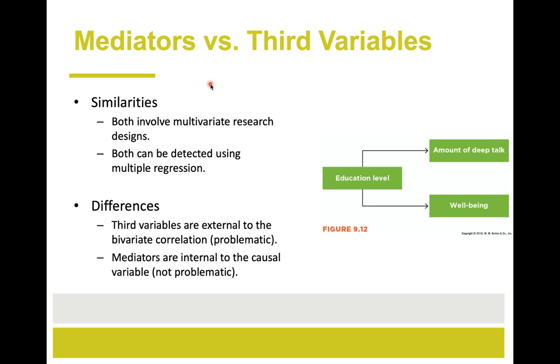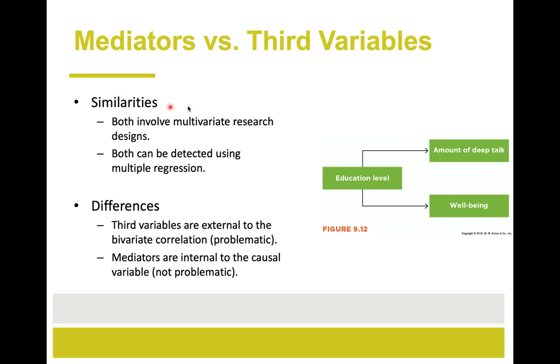Third variables are variables that are external to our correlation, have nothing to do or have very little to do with our two variables, and are problematic for causal claims.